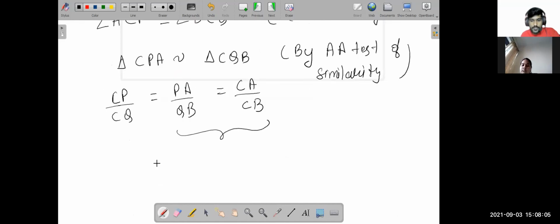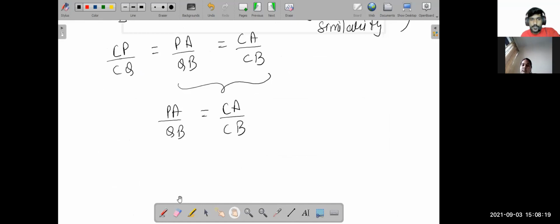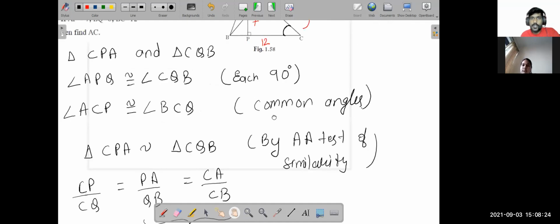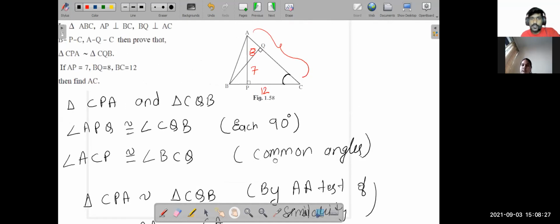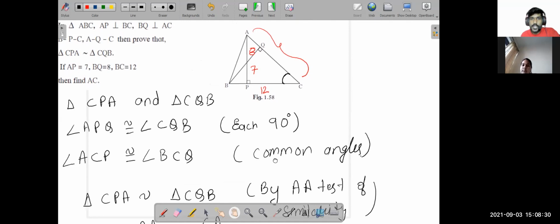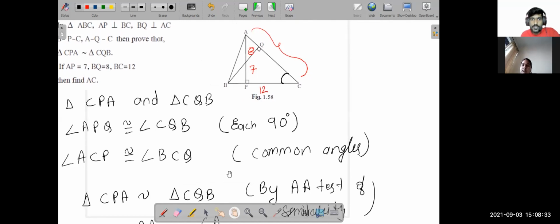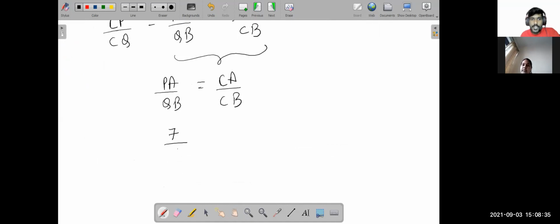So PA upon QB equals CA upon CB. If you substitute the values, PA is 7. If you look at the diagram, AP is 7. QB then is 8. And AC you have to find out. And BC or CB is given as 12.